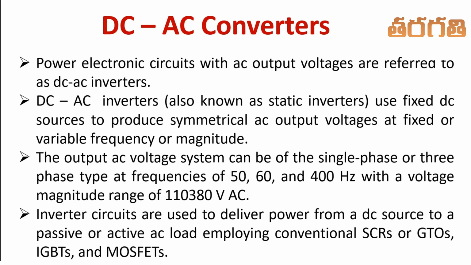Sometimes in variable frequency applications, the frequency may go up to 10 times the power frequency. That all depends upon the type of application. In general, in adjustable speed drives in which AC drives are involved, variable frequency inverters are used.